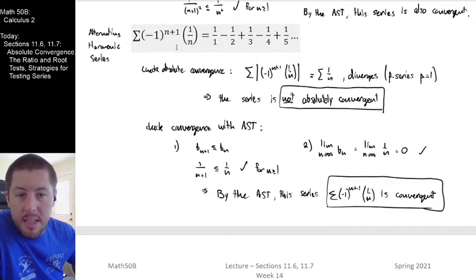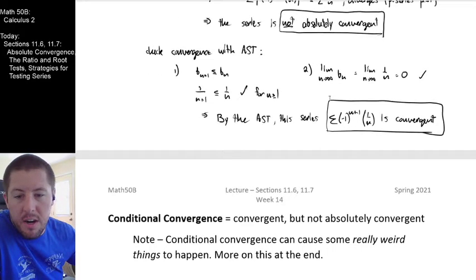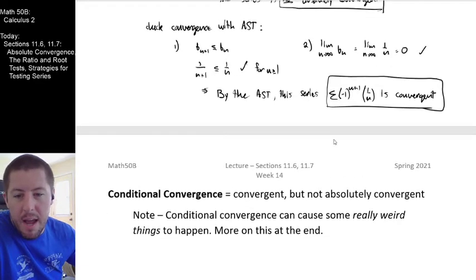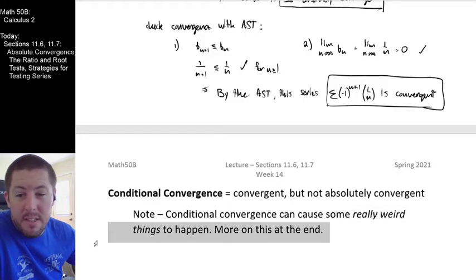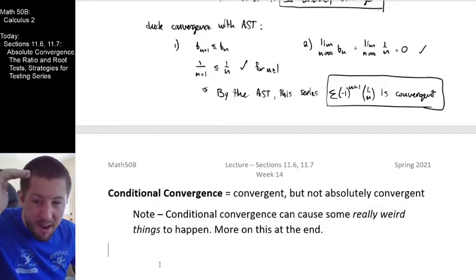So notice that this series did converge, but when we took the absolute value of all of its terms, it no longer converged. That's referred to as conditional convergence. It converged, but when we took the absolute values, that made everything a bit too big, and it then diverged. And I promise, when I say really weird, I'm into weird stuff. This is way up there on the weird list.